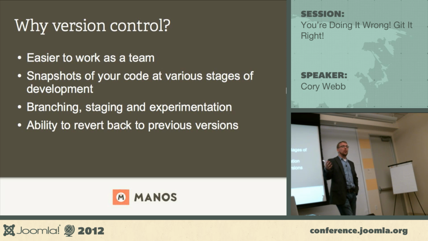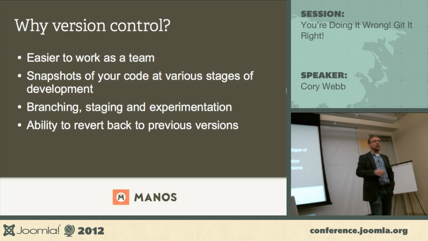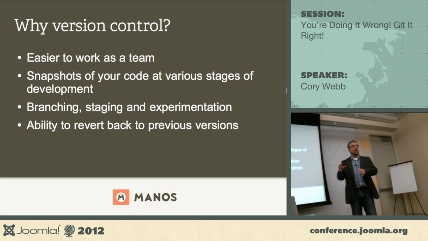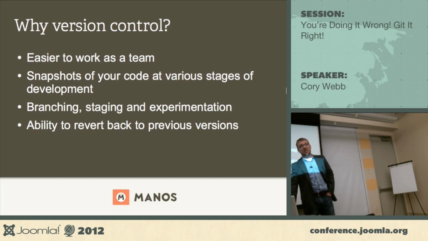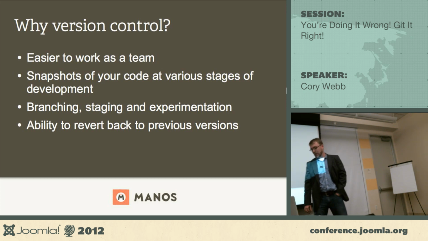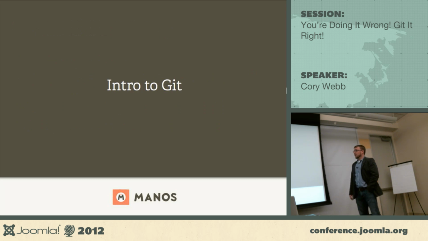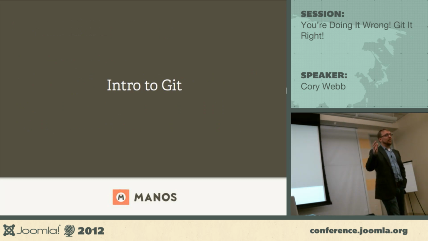And you have the ability to revert back to previous versions of your code without having to panic and delete all the code you just wrote and figure out what's good and what's bad. You just revert back. So that's, in a nutshell, why version control. Be thinking about questions about that.